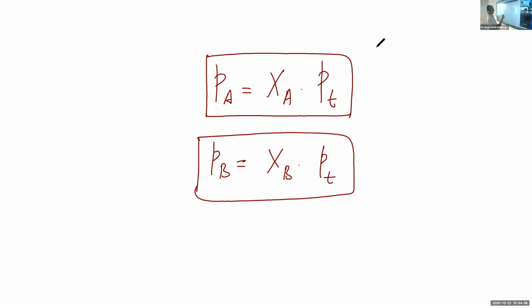Similarly, the partial pressure due to B, PB, is equal to the mole fraction of B, XB, into total pressure PT. That's the relation between the mole fraction and the partial pressure of the components.